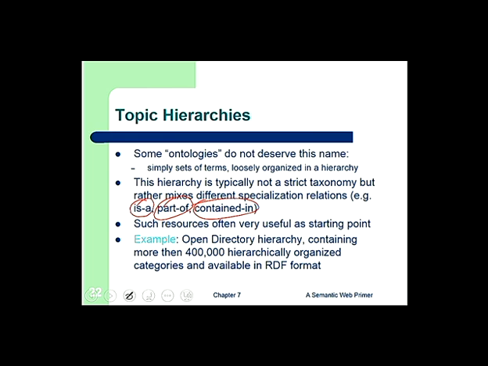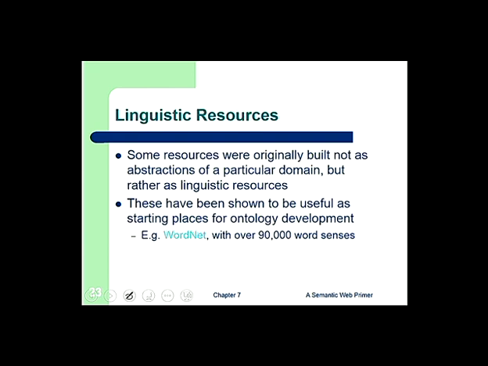So it is more like an abstract or loose description of concepts, like the Open Directory hierarchy, which captures more than 400,000 hierarchically organized categories, and it is interestingly also available in RDF format. But again, the resources are there. They can give you a starting point at least to build your own ontologies on top of them.